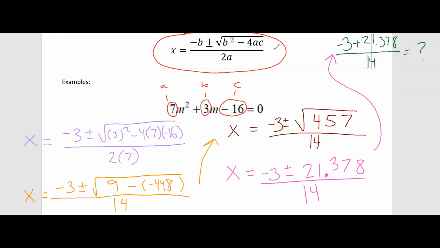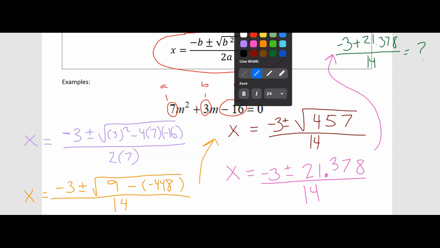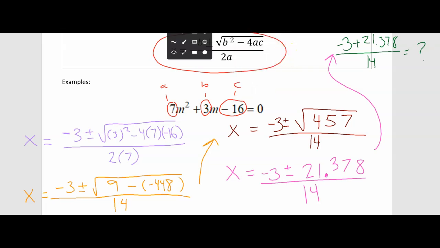That's going to be equal to something. And I'm also going to have the negative. I'm going to be subtracting 21.378. So I'm going to have negative 3 minus 21.378 all over 14.